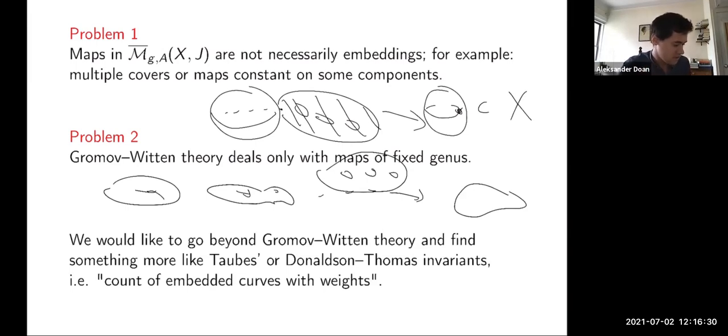So we want to find something that goes beyond Gromov-Witten theory. Maybe imitating Taubes's work in dimension 4, maybe we can find some invariant of symplectic manifolds, which in some sense is a count of embedded curves with weights.